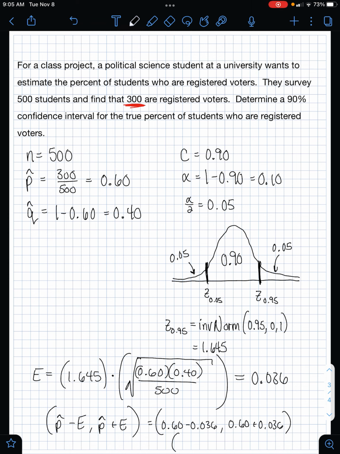And what we get at the end of this is 0.564, comma, 0.636. So what this means is that at the 90% confidence level, we can be 90% confident that the actual proportion of students who are registered voters at this university is between 56.4 and 63.6%.